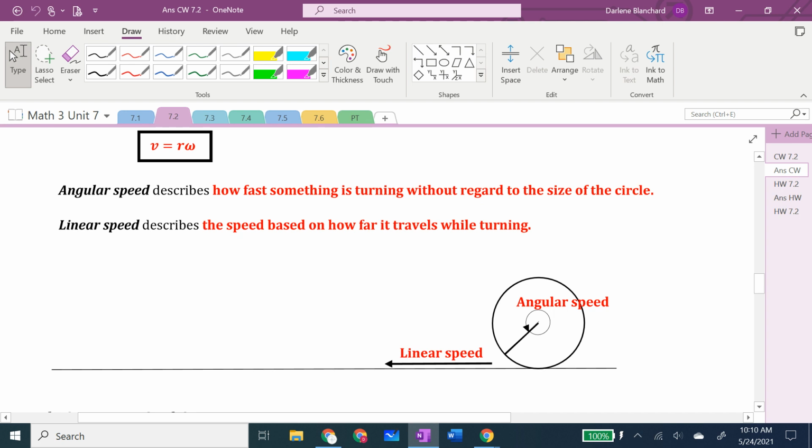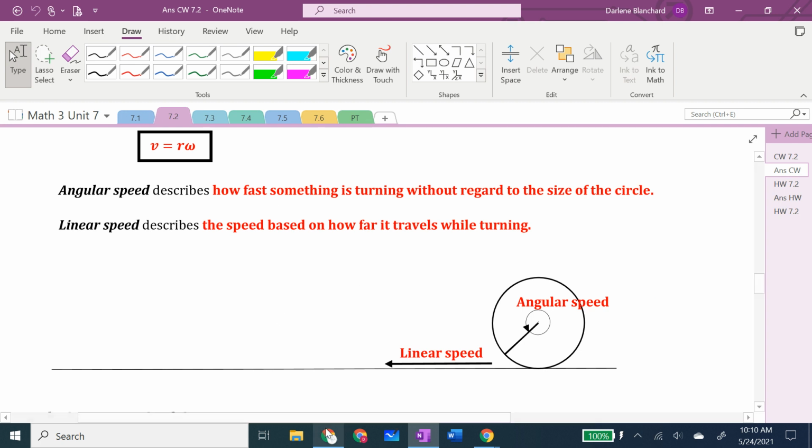It affects the speed on the freeway. The linear speed is the speed based on how far you are actually traveling while you are turning. So angular speed is a rotational quickness. Linear speed is what you're used to thinking about.